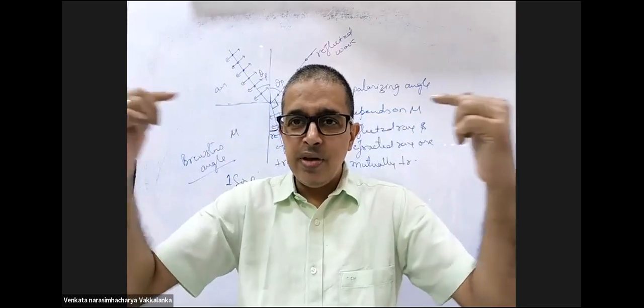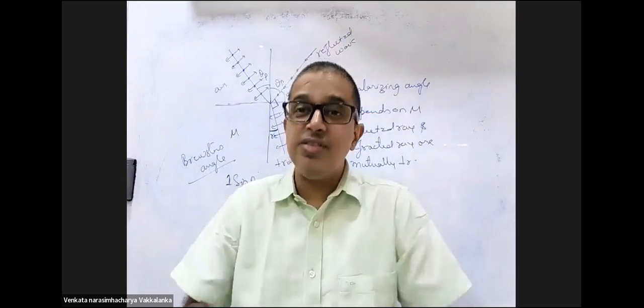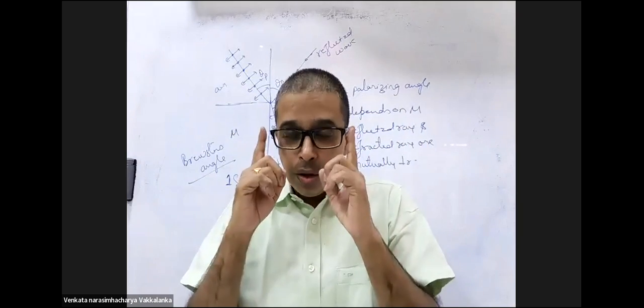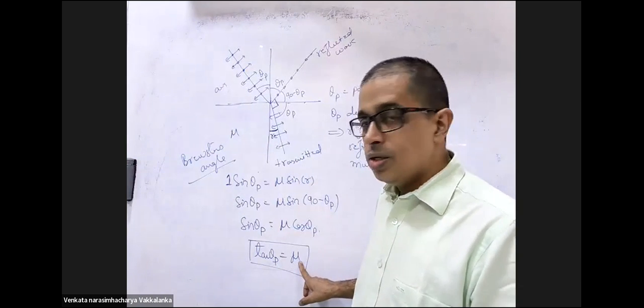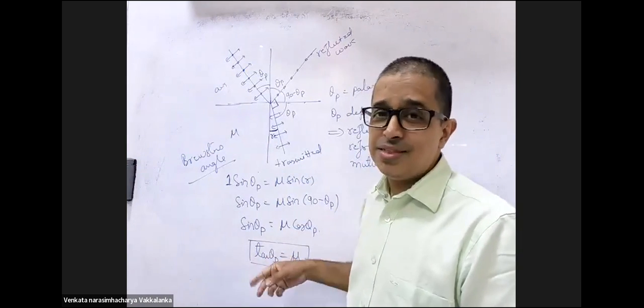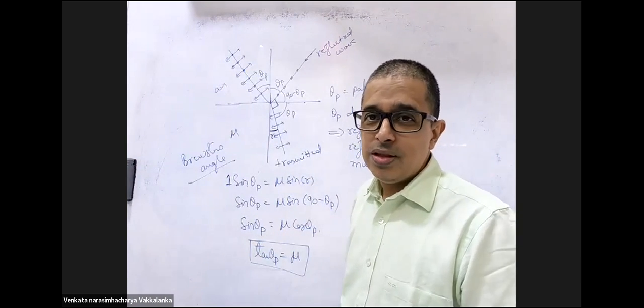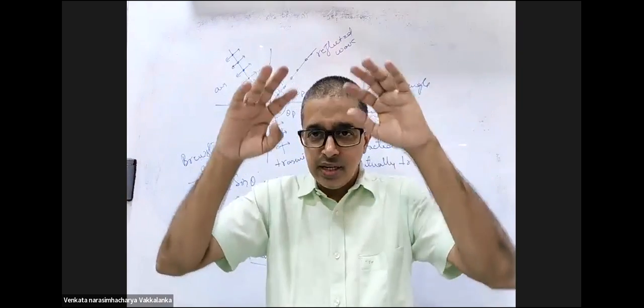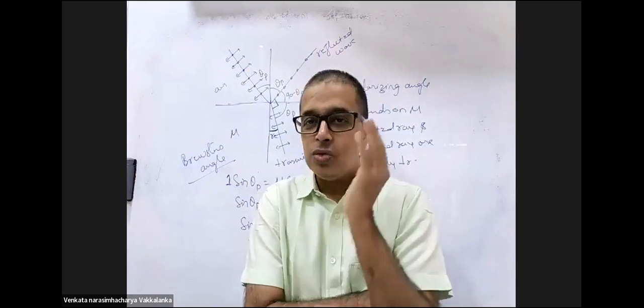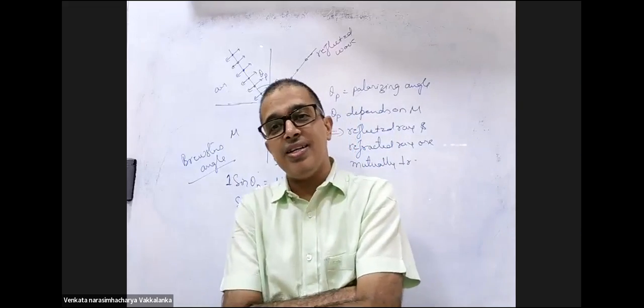So this light coming from the side should decrease. Its intensity should decrease. How? You are coating it with a material of refractive index mu such that tan theta p is mu. So once you have that coat, the light coming from the sides, its intensity will come down to half. So the strain in your eyes further decreases.